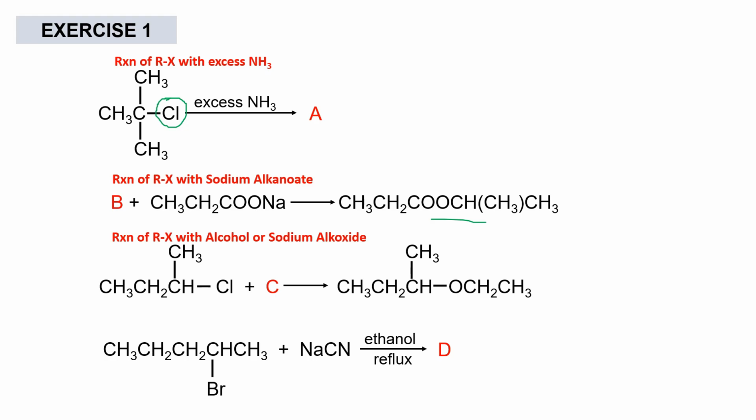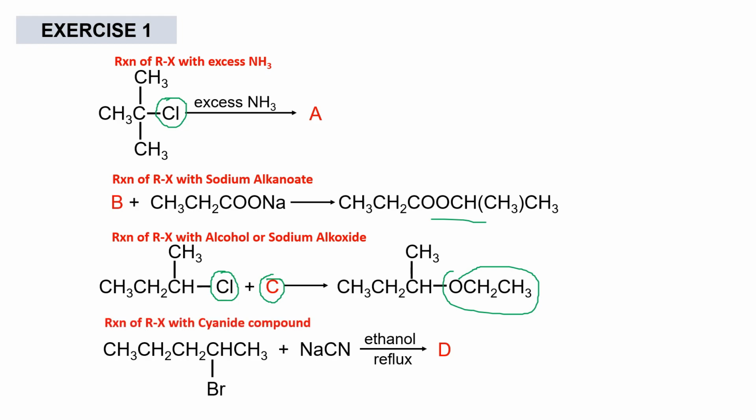For the third question, this is the reaction of haloalkane with alcohol or sodium alkoxide. So C can be either alcohol or sodium alkoxide. In this case, the halogen or chlorine atom from haloalkane will be replaced with the alkoxide ion to form an ether.